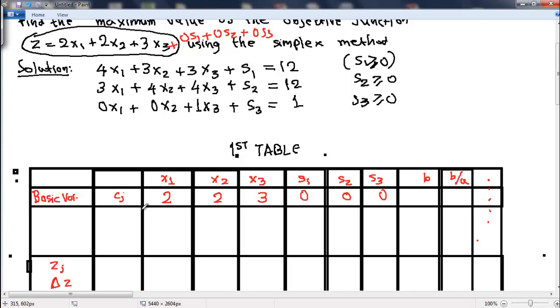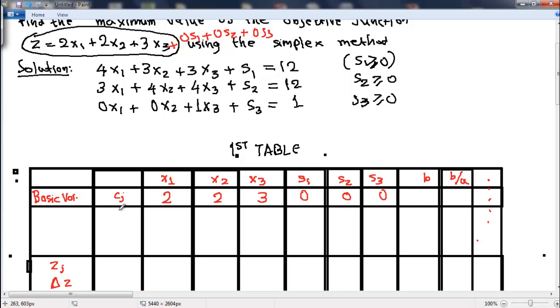Now I write down the coefficients here, you see. So the coefficients of the first constraint; I have three constraints that were transformed into equalities.